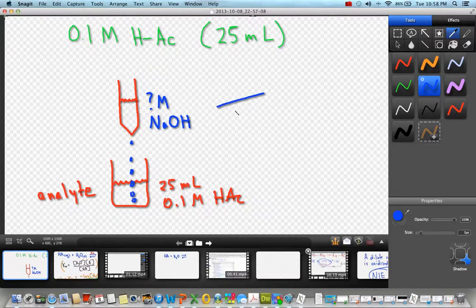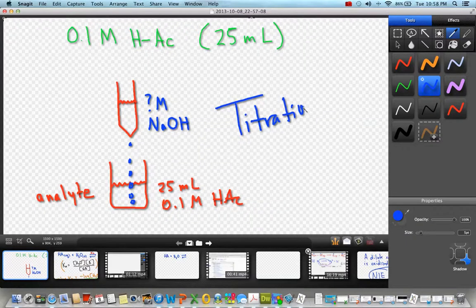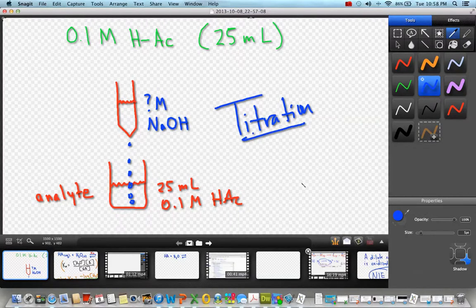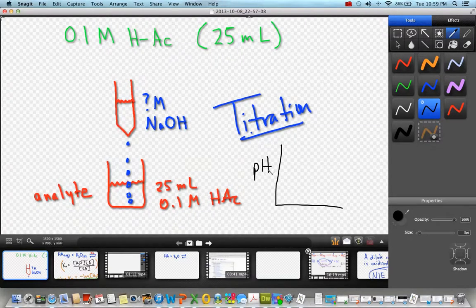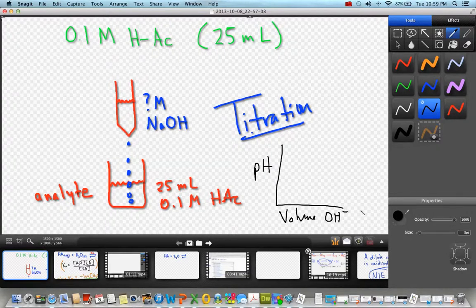This is better known as a titration. And of course, in a titration curve, we're going to collect data where we have pH as a function of volume of titrant added, which in this case is the volume of OH minus added.